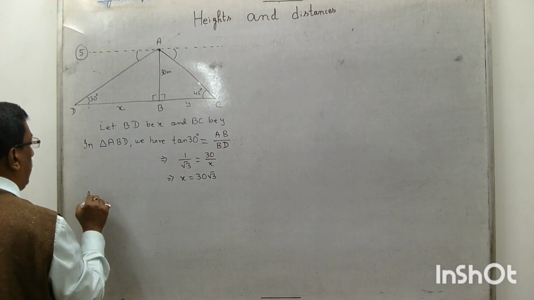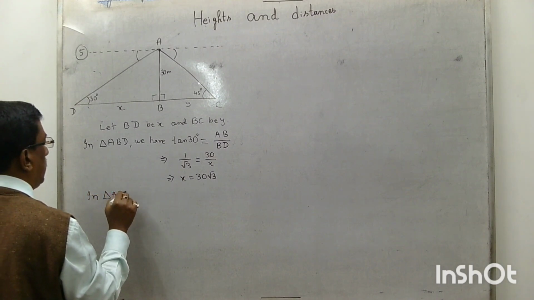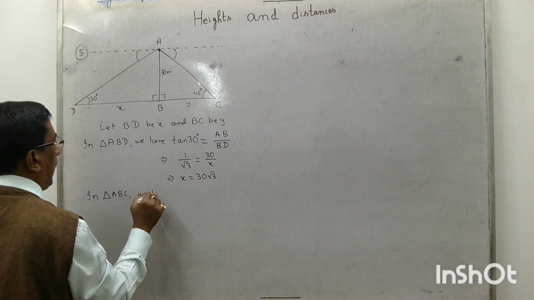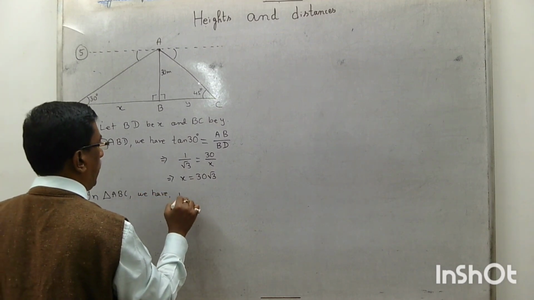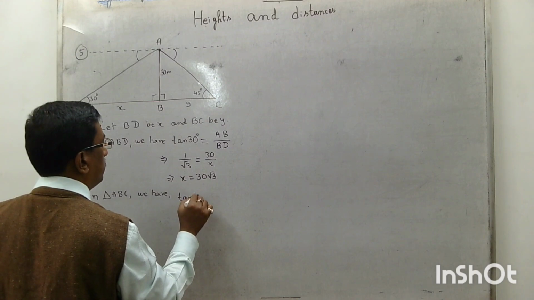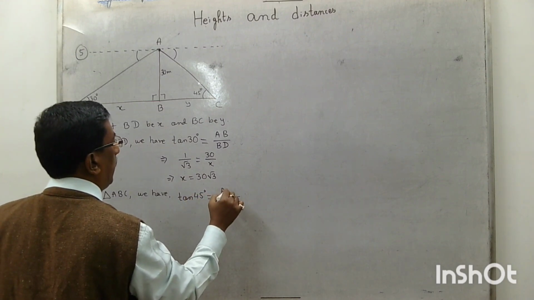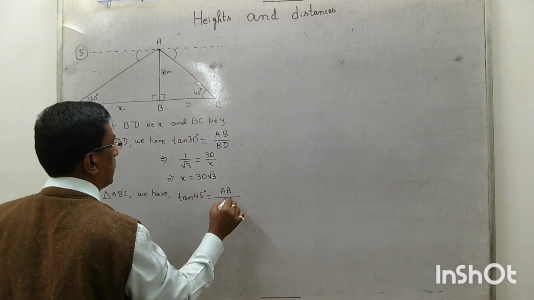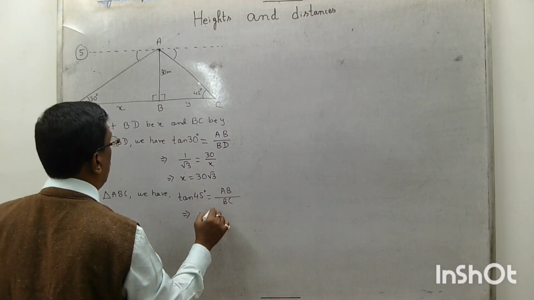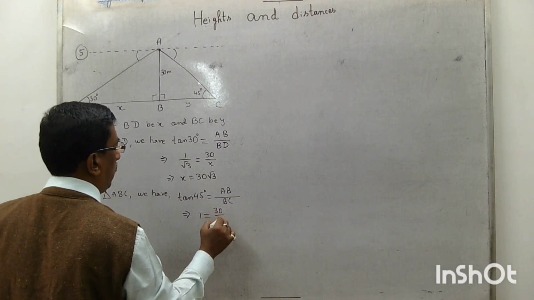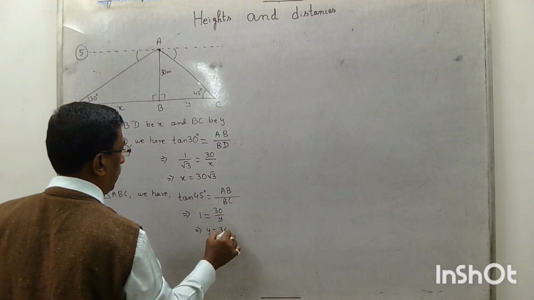In triangle ABC, we have tan 45 degree equal to AB by BC, which means 1 equals 30 by y. So y equals 30.